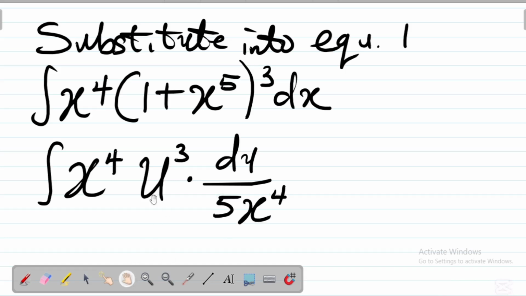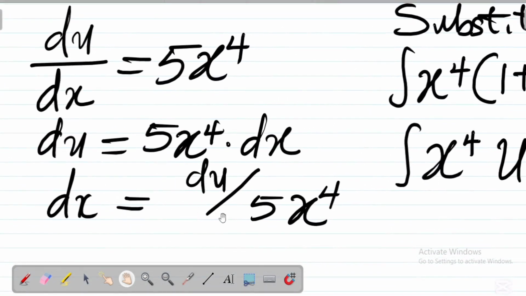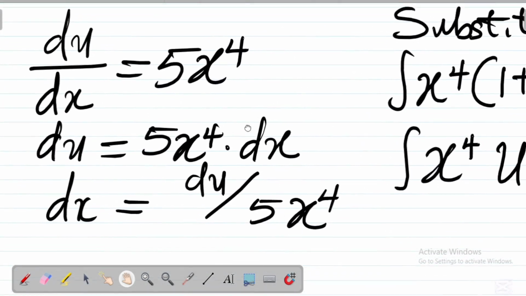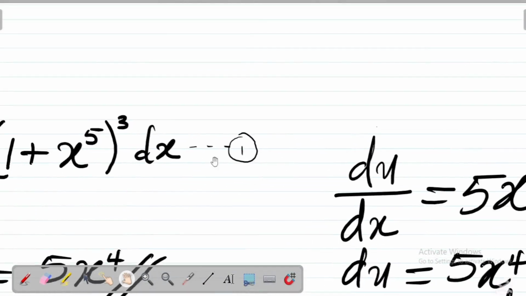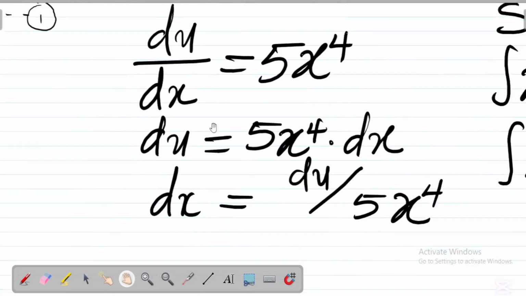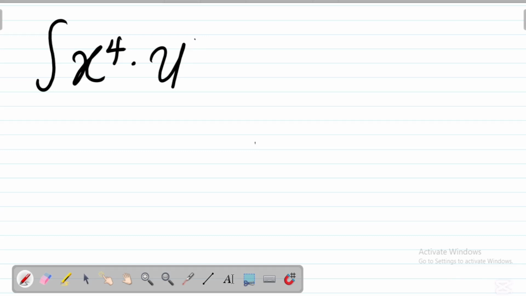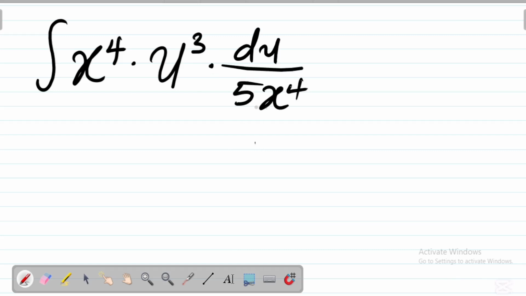Let's check it out. dx equals du all over 5x raised to the power 4, and u equals 1 plus x raised to the power 5. So we have x raised to the power 4 multiplied by u raised to the power 3 multiplied by du all over 5x raised to the power 4.